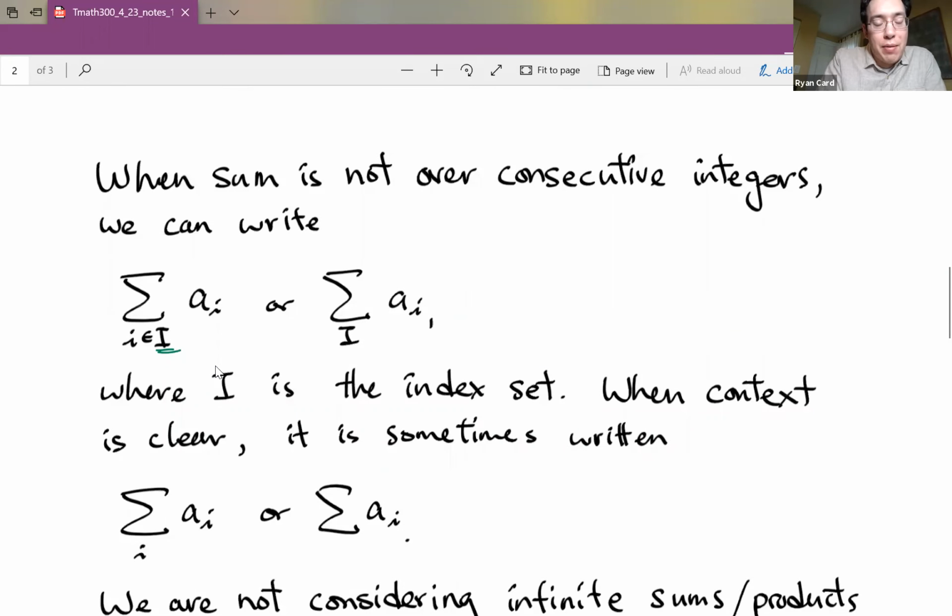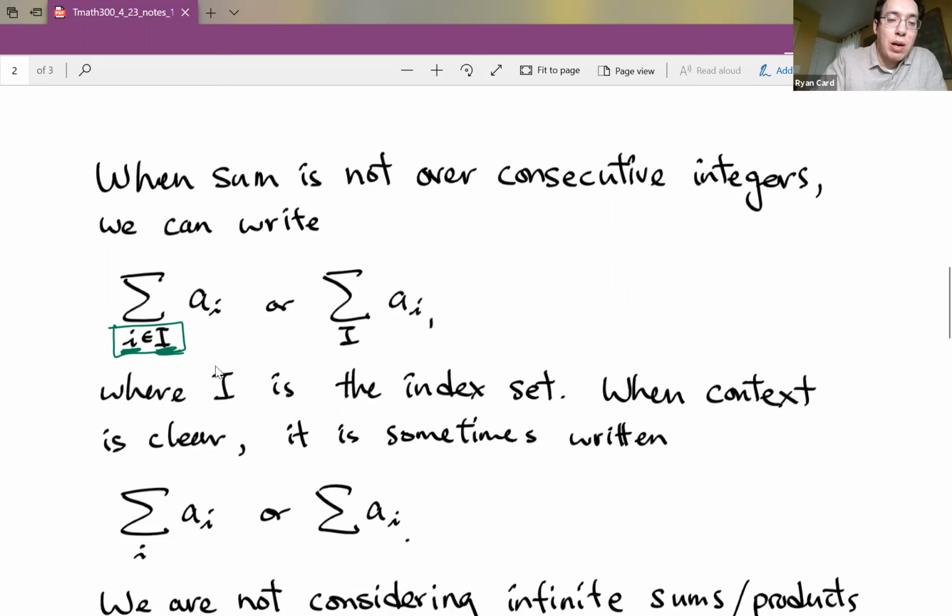So if you have a different set that you want to add over, not consecutive integers, then you could rewrite the summation notation. You rewrite it in such a way that you have your index variable that belongs to some index set.